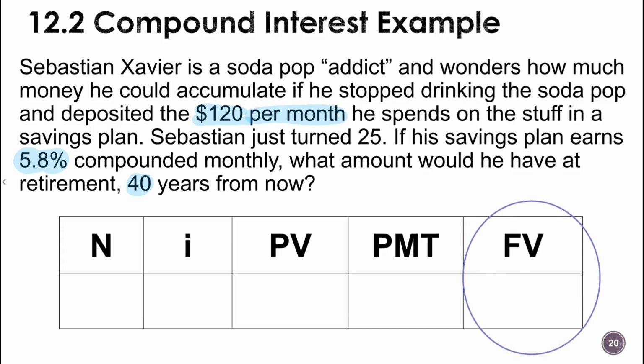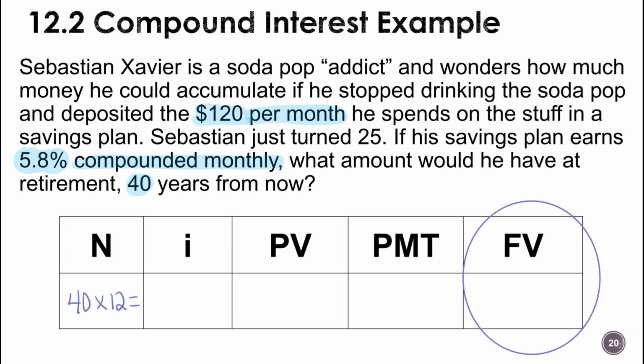Now, 40 years compounded monthly. Oh, I didn't put any highlighting on that part, right? Compounded monthly. And so monthly means 12 times per year. So 40 years compounded monthly 12 times per year. So make sure you push your equal sign, and that number is what will go in.